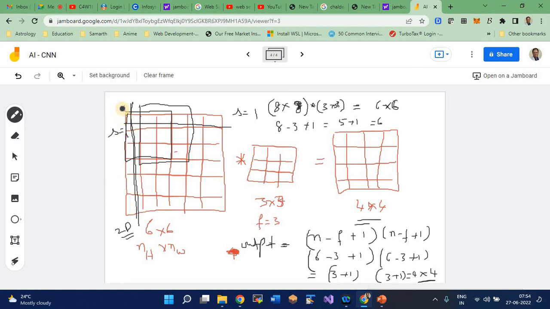How do I utilize this particular column also? There might be important information. There might be an eye sitting over here, or a bird sitting over here, or a man standing over here at an edge, or something else over here. But if you look at it, if I am striding this particular filter once here and it goes over here, the ones which are being utilized mostly are the ones in this portion, right? These pixels are being utilized n number of times when I am applying the filter on top of it.